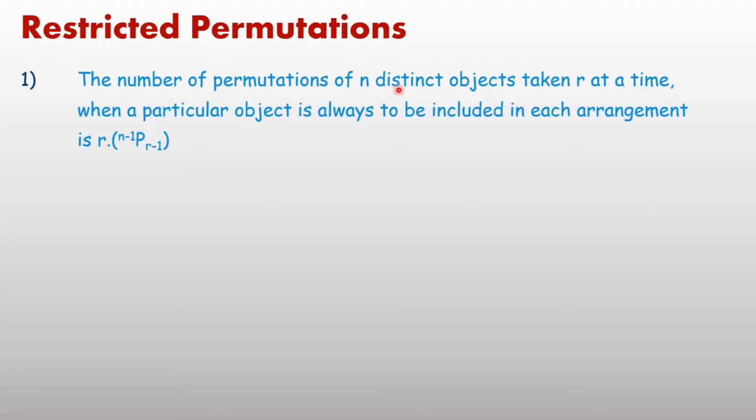Because of n distinct objects, one object is already included in every arrangement. The number of objects remaining is n minus 1, and from n minus 1 you have to select r minus 1 at a time, because one object is already included. Therefore, the number of permutations is (n minus 1)P(r minus 1).